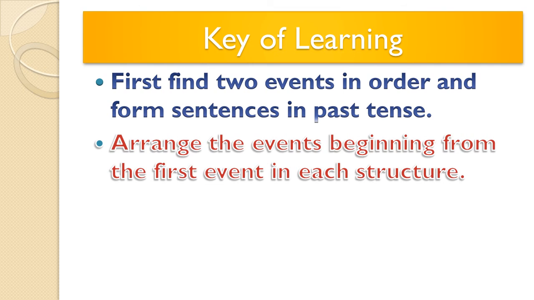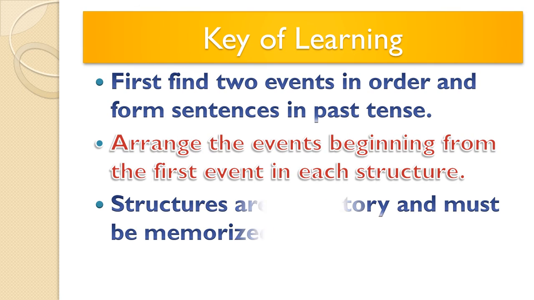Then we need to arrange the events beginning from the first event in each structure. And these structures are obligatory, we need to memorize them by heart. If we do not know the structures, then we cannot get our things done.